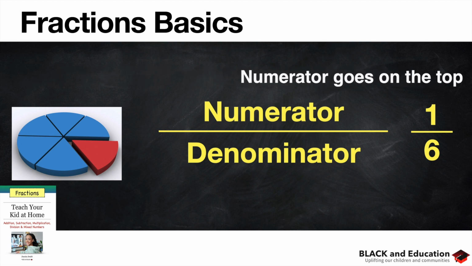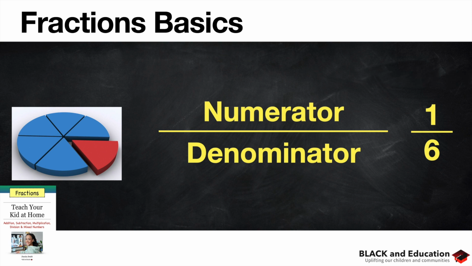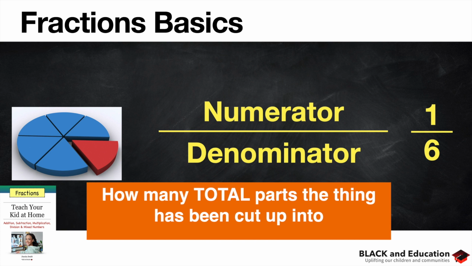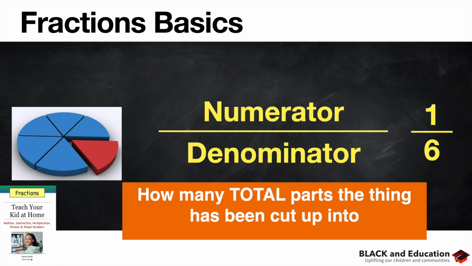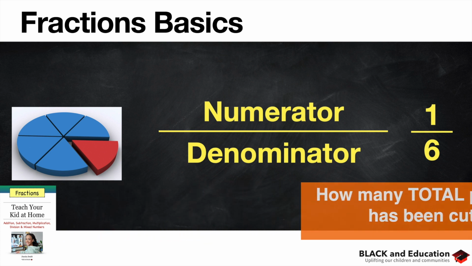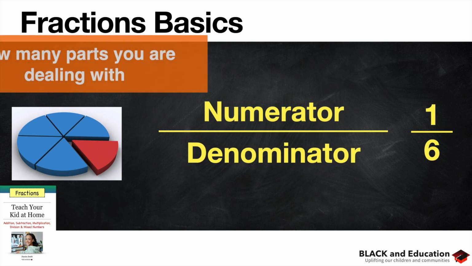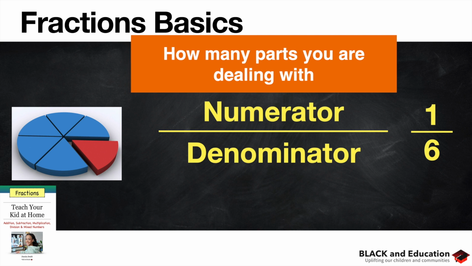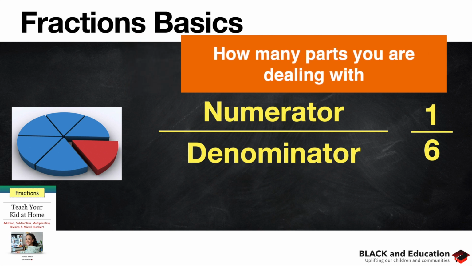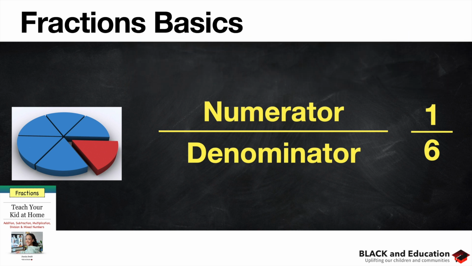The denominator is how many total parts the thing has been cut up into. And the numerator is how many parts you're actually dealing with. In this case, we're dealing with 1/6, 1 out of the 6 parts.